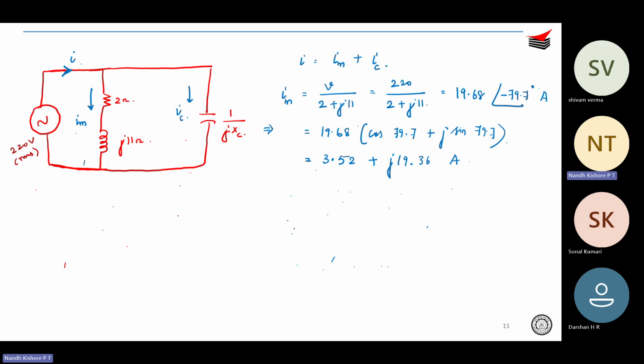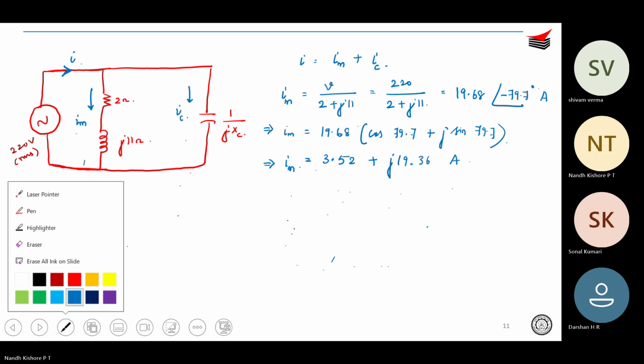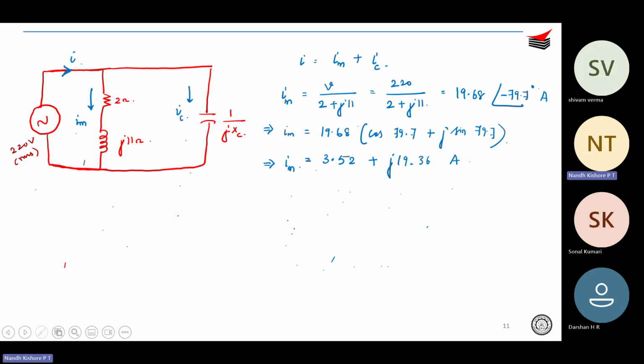Agreed? This is your IM. We have just converted whatever we knew. We already computed 19.68 in a previous question. Directly, I am converting polar form to rectangular form, A cos theta plus j sin theta. Is this fine?